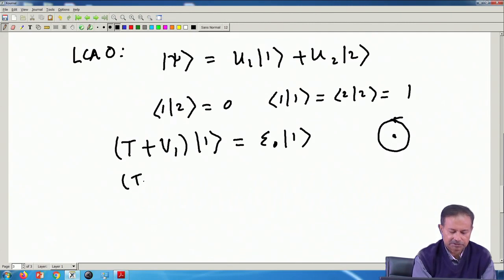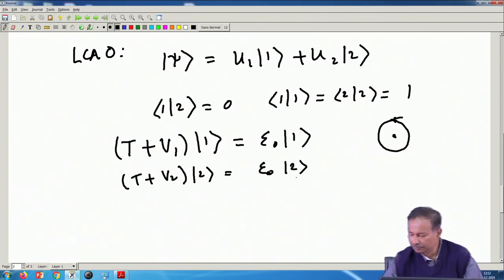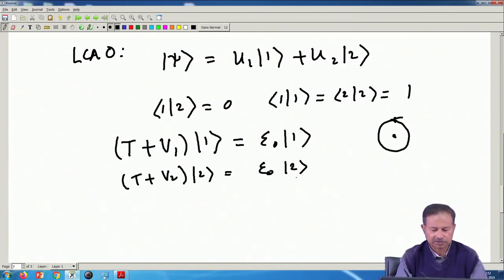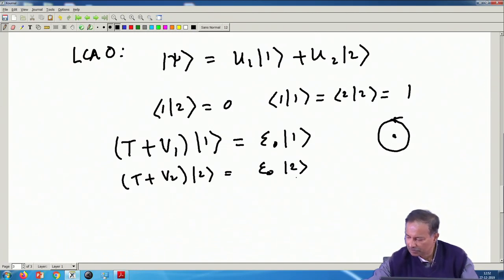Similarly, T plus V2 operating on φ2 is also ε0 φ2. This is the same thing: I assume that the two electrons are degenerate, their energies were degenerate when they were far separated, which is a very valid approximation, because there is really nothing to distinguish between the two atoms when they are far apart.